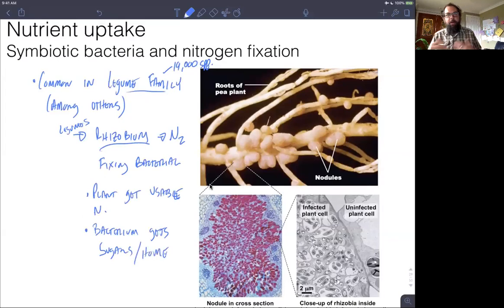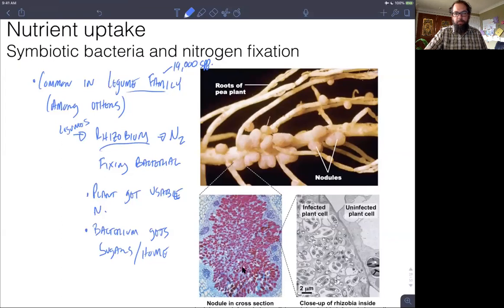And so throughout this process, what happens is that the plants that are infected with this rhizobium, or these nitrogen fixing bacteria, create these root nodules. So along the roots where root hairs would have been, root hairs are formed into these nodules. And if we look inside of these nodules that are shown here, we can see that they are filled with bacterial colonies.